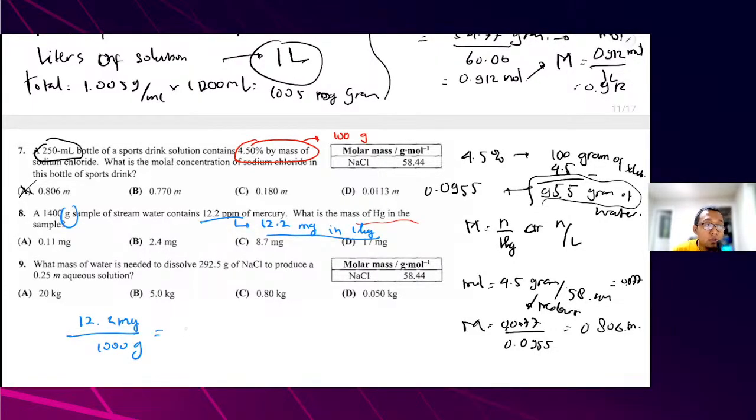So we want to know this part, x in milligram, in 1400 gram. How to get this one is easy. Just x, 1400 gram.